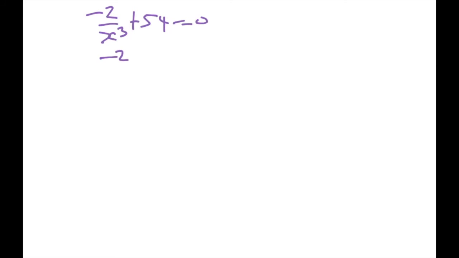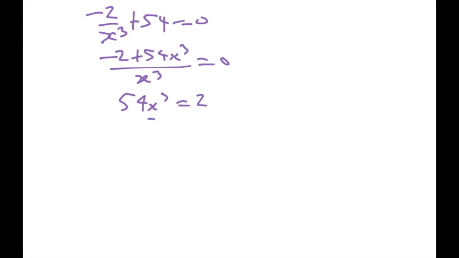So negative 2 plus 54x cubed over x cubed equals 0. x equals 1 over 3.